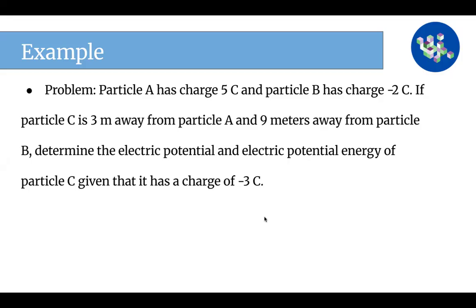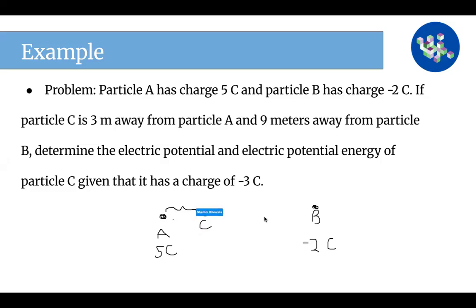We have particle A, 5 coulombs, and particle B, -2 coulombs. Particle C is 3 meters away from particle A and 9 meters away from particle B, so we can draw it like here.